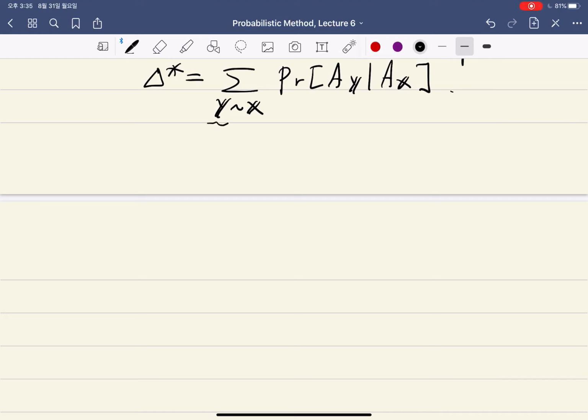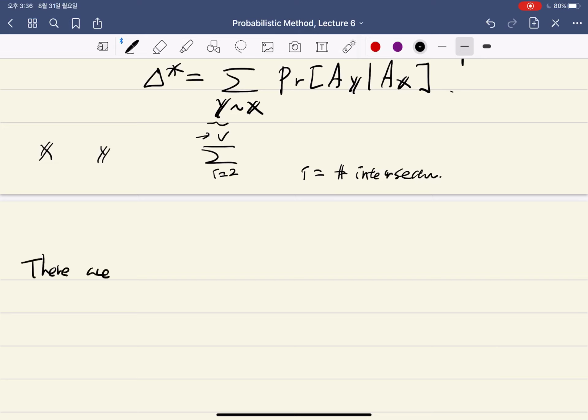So this y can be categorized into several different cases, from i equal 2 to b, where i is the size of the intersection. X has b vertices, y has b vertices. How many vertices do they intersect? We assume it's at least 2, but between 2 and b. So we first consider the case where there are b vertices intersecting. That means the vertices x1 to xb and y1 to yb are identical up to some ordering.